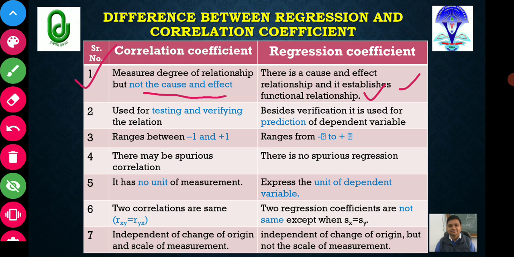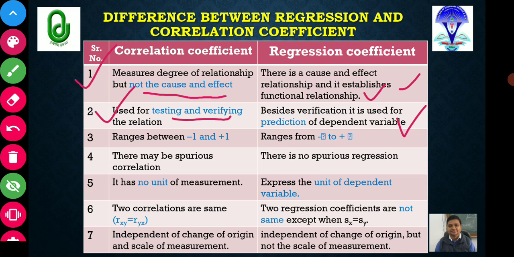Second, the correlation coefficient is used for testing and verifying the relationship. So with the help of correlation coefficient, you will test and verify whether a relationship is positive or negative. Whereas regression coefficient, besides verification, will predict. It will predict the dependent variable with the help of the independent variable. We have already seen.